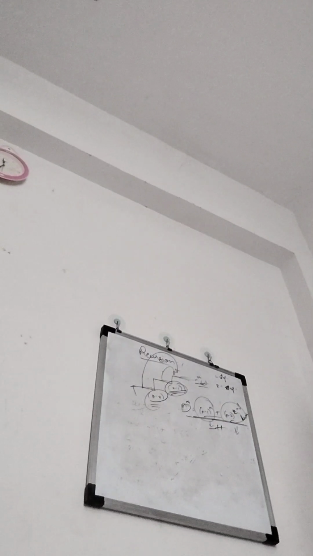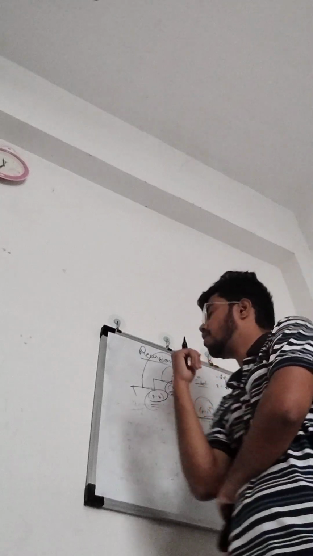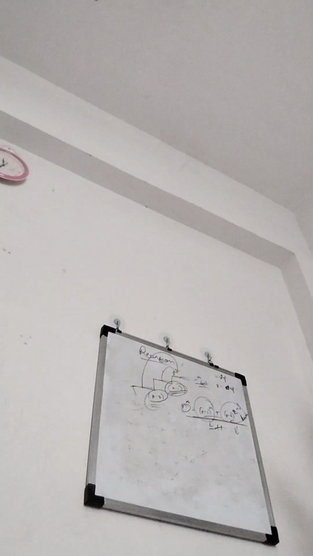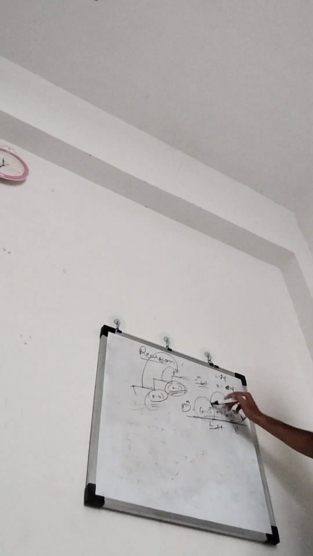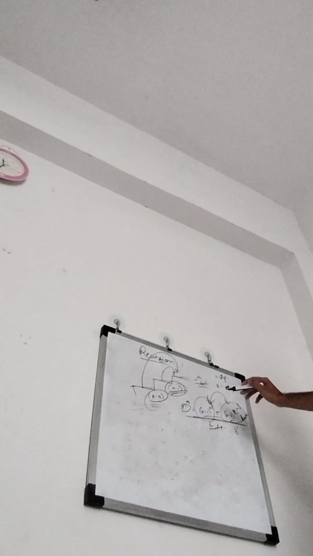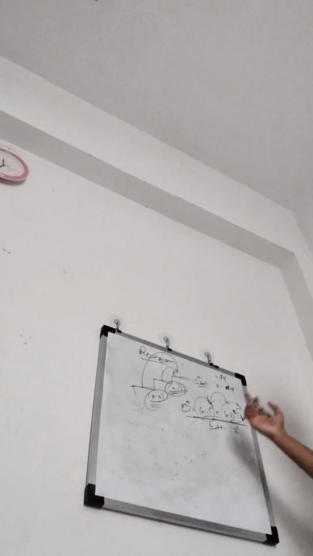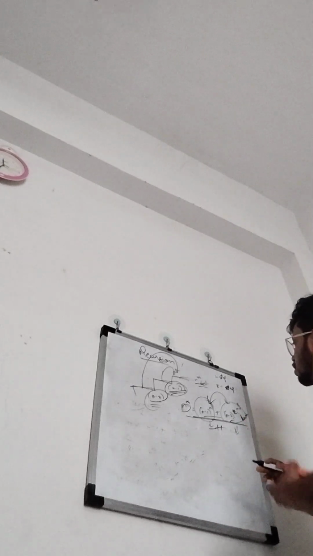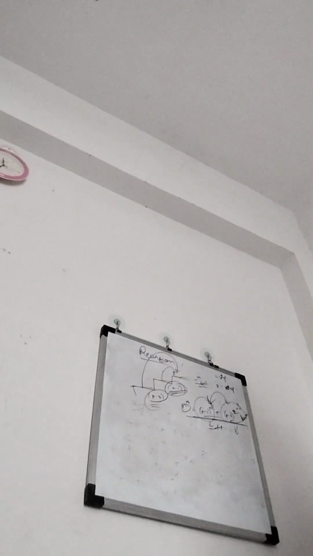Okay. I hope I am able to explain this thing. Either you reach from this or this and you calculate the number of ways, either from n minus 1 or from n minus 2. That's why you add the number of ways.